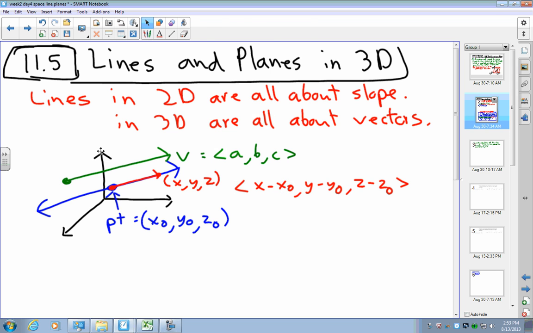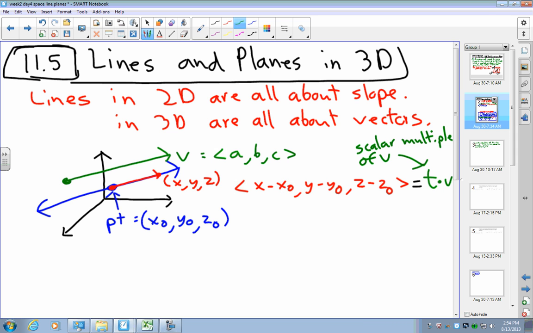So a little reminder about being parallel is the red guy is going to be equivalent to the green guy with a scalar multiple of it. So t times v, where t is a scalar multiple of v. That makes it parallel.